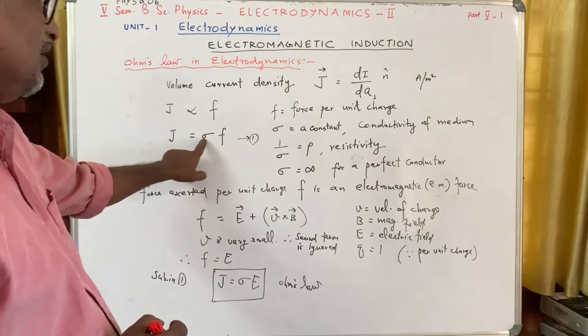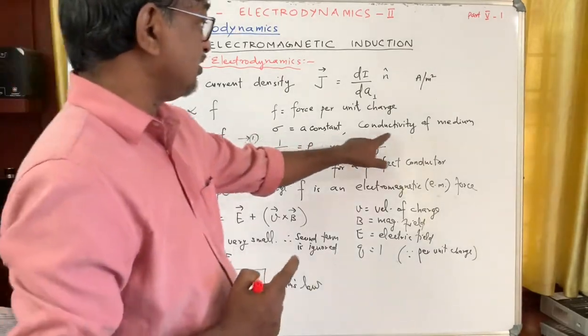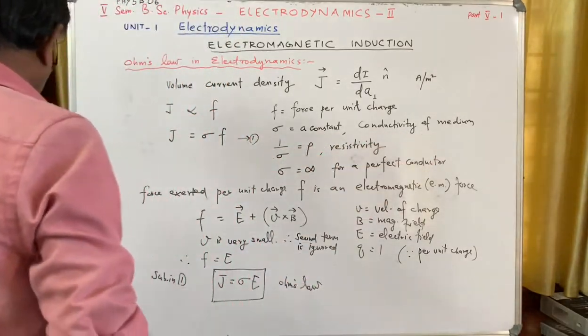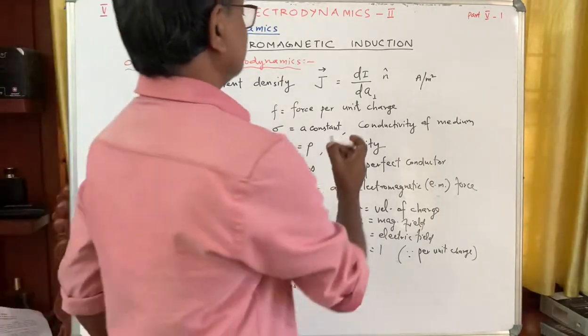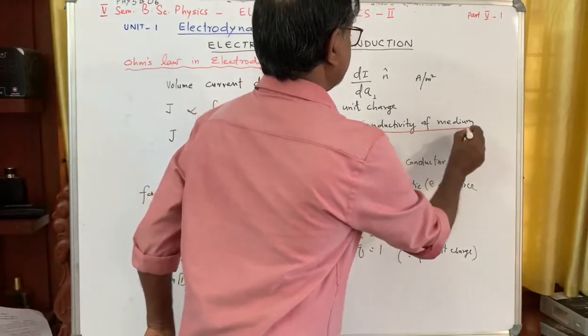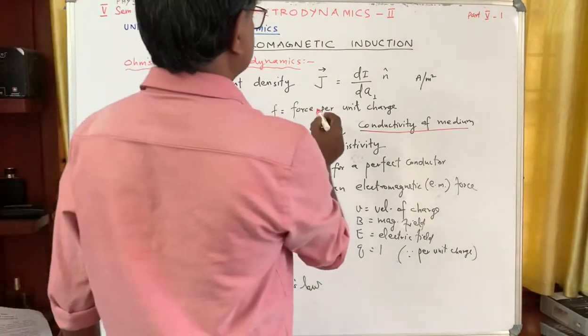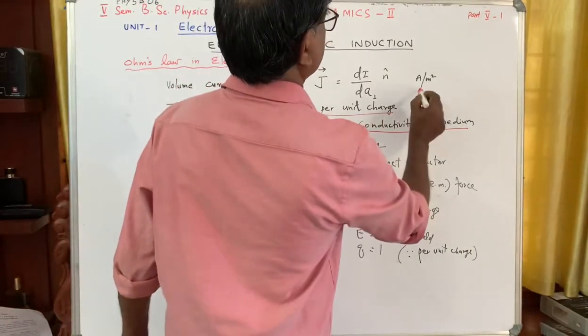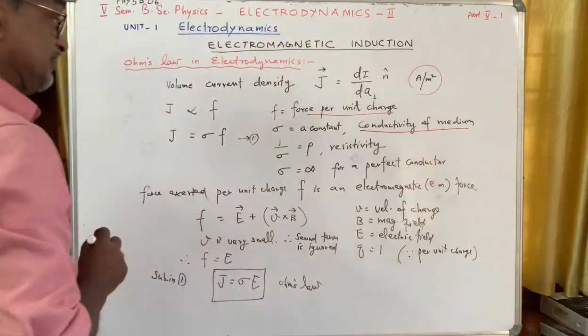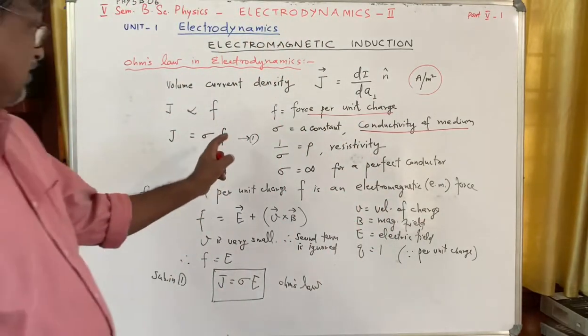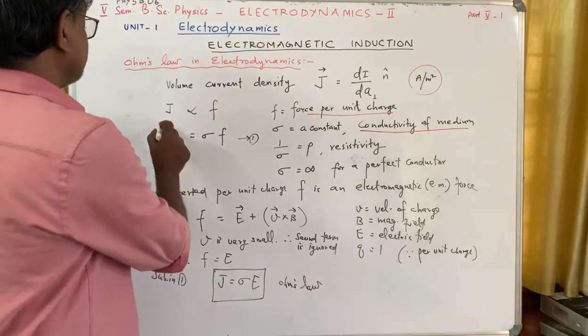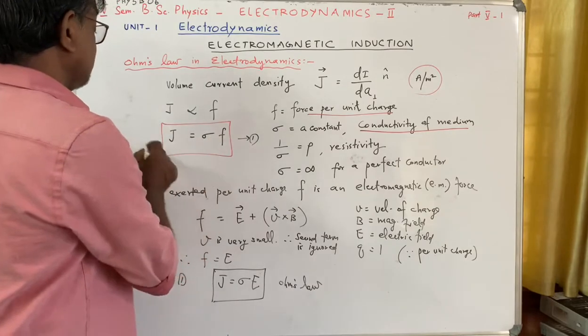That constant is sigma, called the conductivity of medium. F is force per unit charge. The unit of J is ampere per meter square. And by adding sigma, this equation becomes J equal to sigma F.